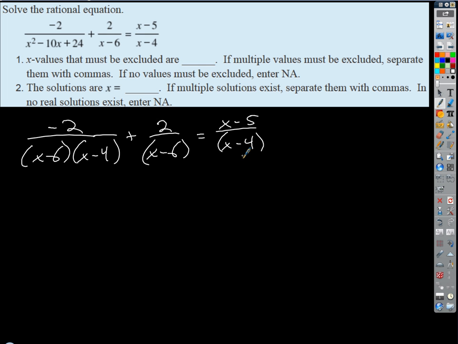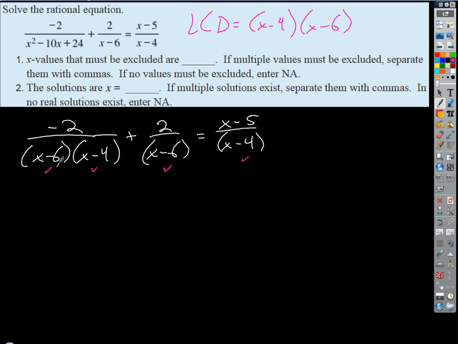The LCD, the least common denominator, is going to be the product of the factors. Okay, good. So we know that the LCD is going to equal, we have to include the factor x minus 4 because it shows up there, and x minus 6 because it shows up there and there.